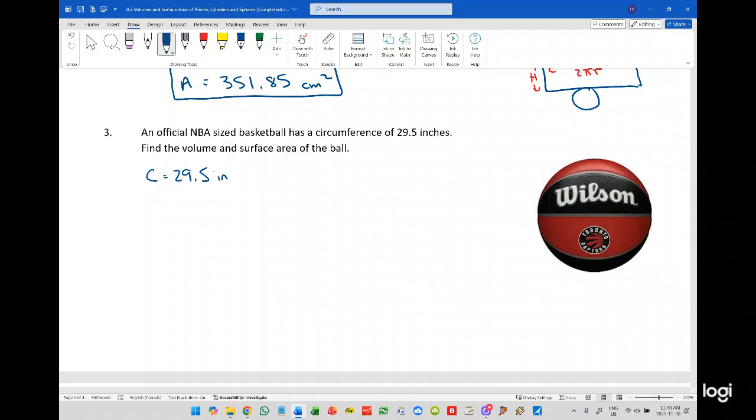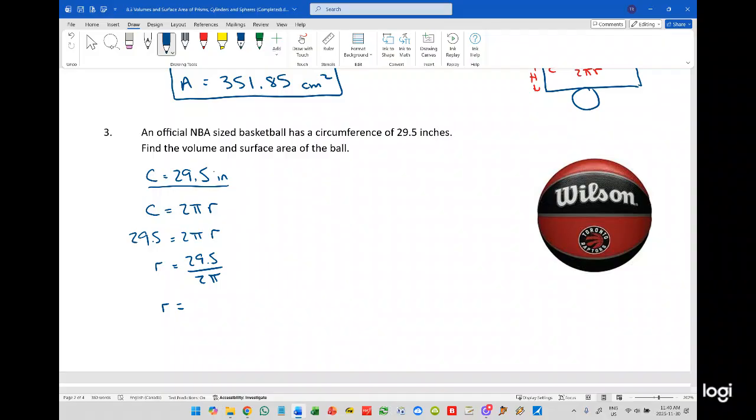Okay, both our volume and surface area equations are going to require us to find the radius. We're going to need to know the radius of the ball, but I know that radius is related to circumference. Circumference of a circle is 2 pi r. So now what I can do is take that circumference that I was given, plug it in here, and that means that the radius is just going to be 29.5 divided by 2 pi.